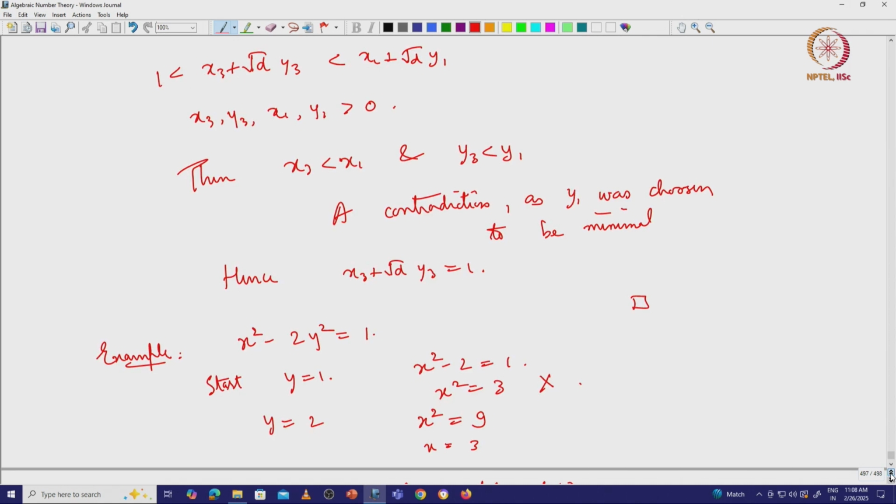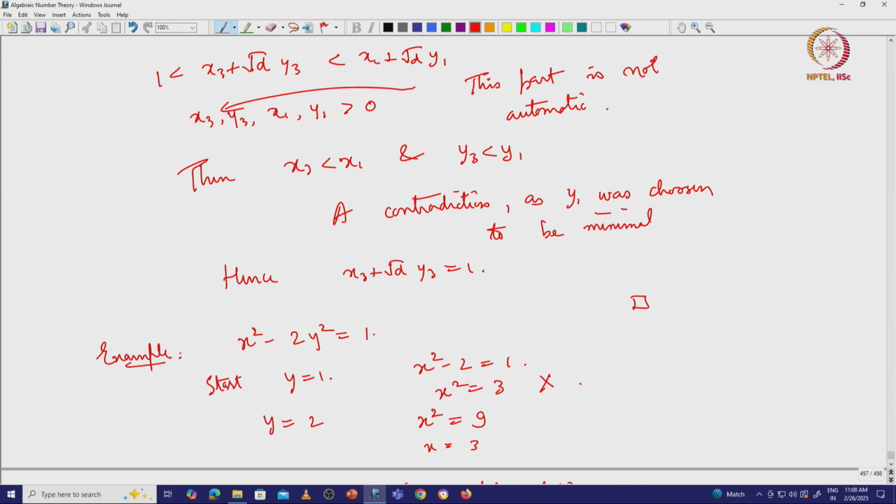Yeah, sorry. So let me go back to the proof here, and I think this part is not automatic. The x3, y3 part is not automatic. So let us prove this first.